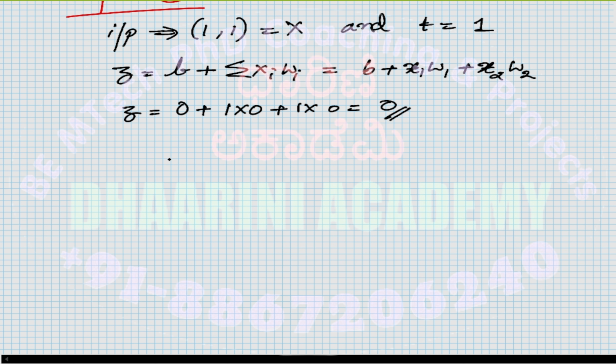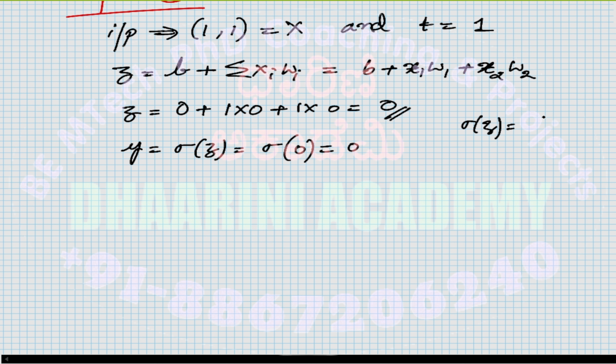Now y is equal to sigma of z. So sigma of z means z is 0, this is equal to 0. I'll write the modified y now. Because now you see theta has reached 0 itself.